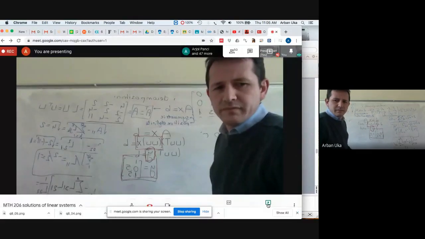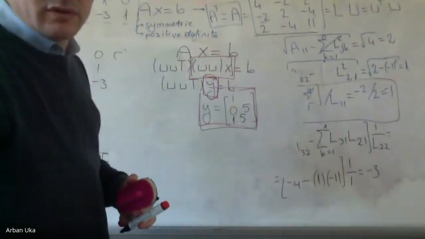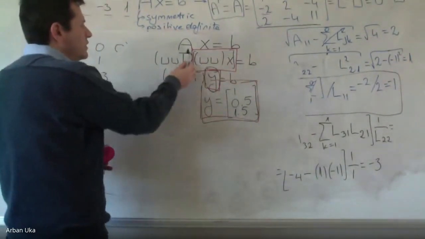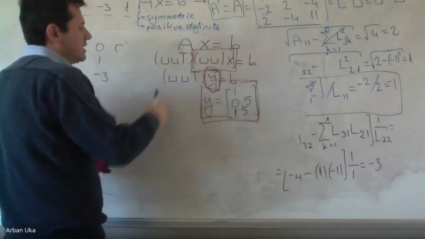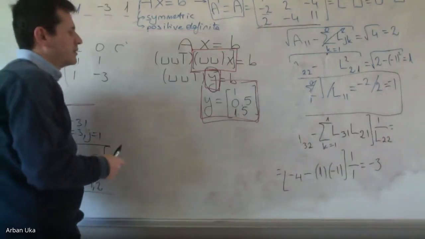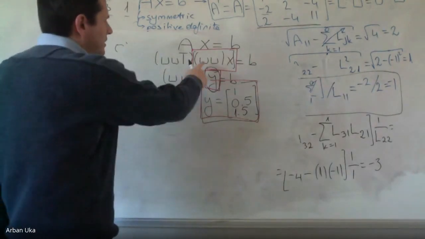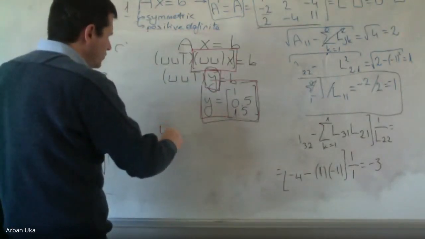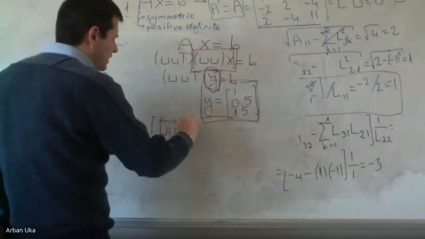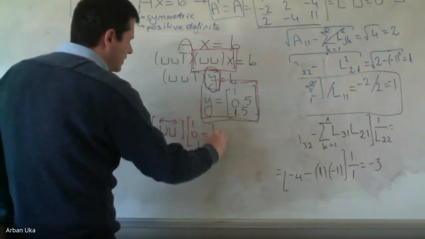This was the problem: we're trying to solve this system. We decompose A into these two matrices, and they were good-looking ones, full of ones, with one everywhere and the rest 0. So we found this Y, and now the equation transforms into this form: the UU matrix times this Y, which is 1, 0.5, and 1.5.